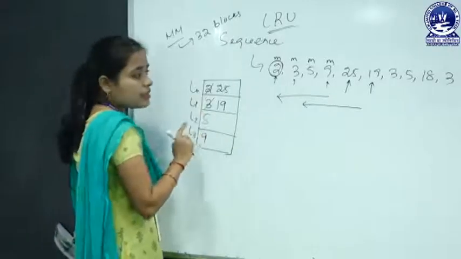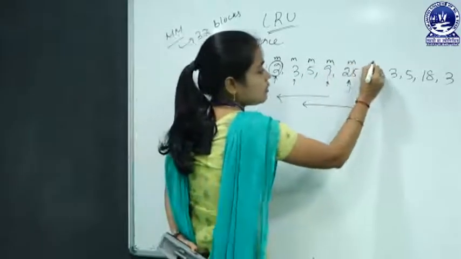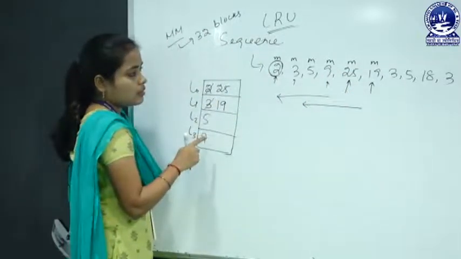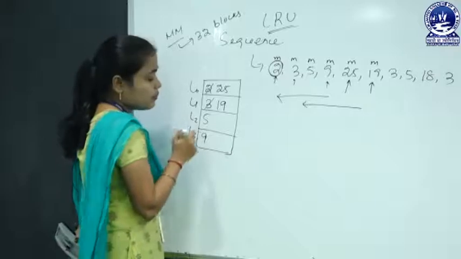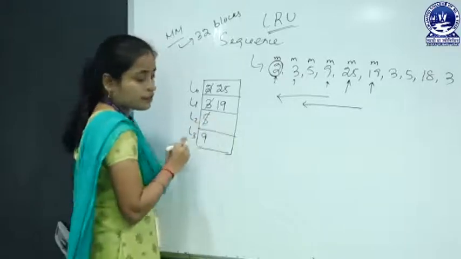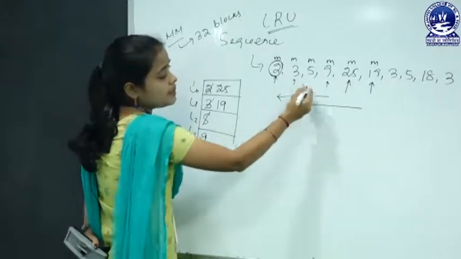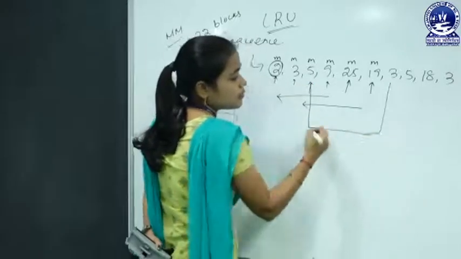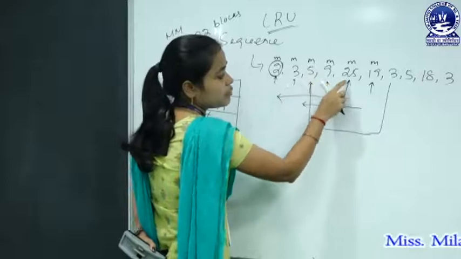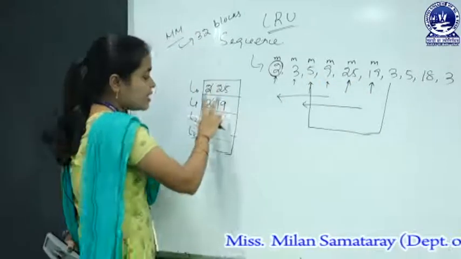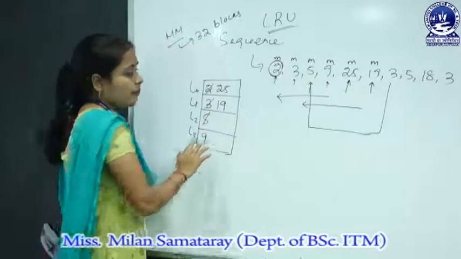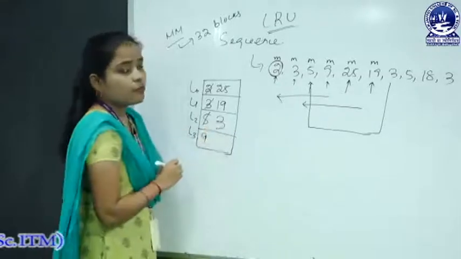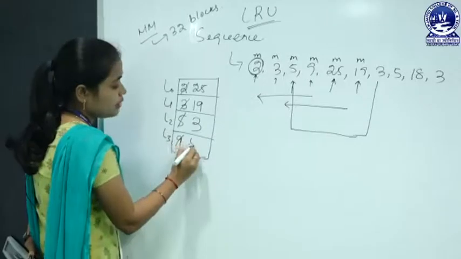Then 3 comes, and all of these are misses. Then 3 will replace this 5, because 5 is the block which is least recently used. Here you can see, among 5, 9, 25 and 19 which are placed in this cache, you have to replace 5 and place 3 here, then 5 here.